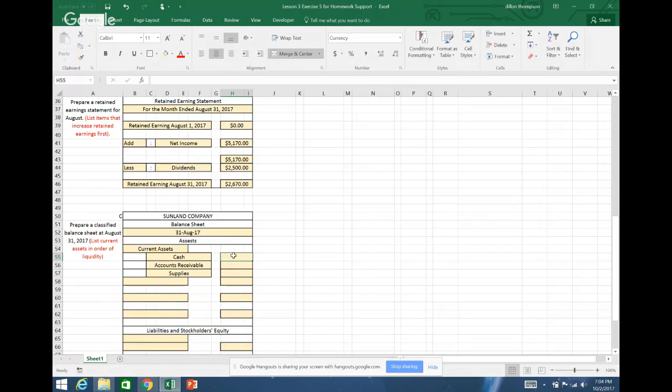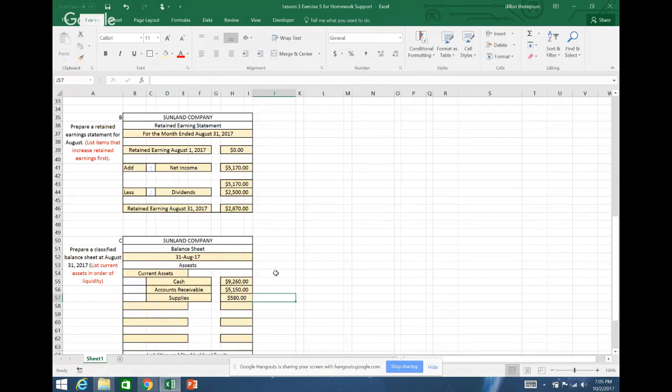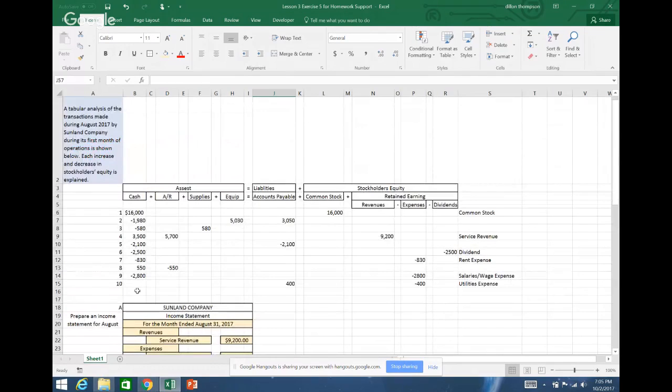The total for cash is $9,260. The total for accounts receivable is $5,150, and the total for supplies is $580. And again, you can find that by coming up here to each account under assets and adding up each one in the columns.